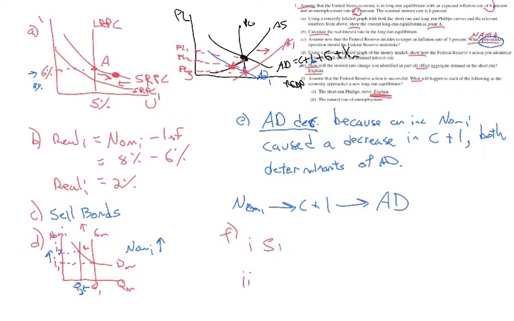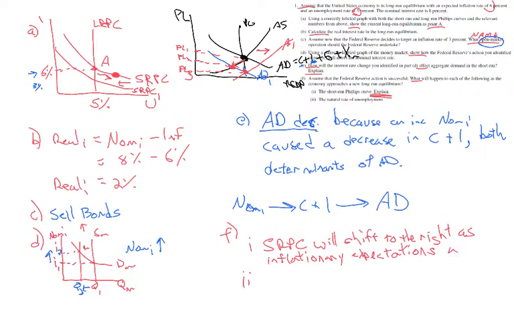So SRPC will shift to the right as inflationary expectations adjust. So you're getting both the what happened and why.